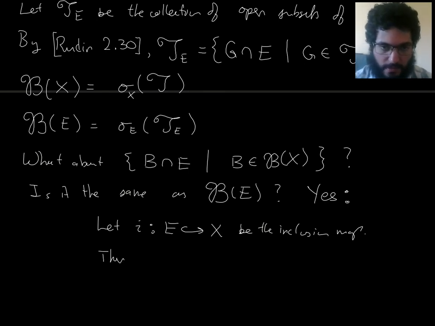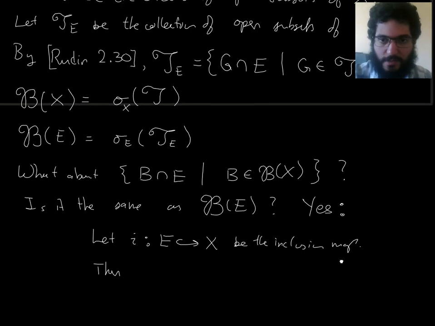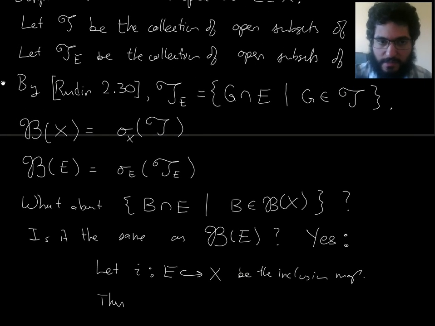So then taking a preimage of a subset of X under the function I, that's the same as intersecting with E. So G intersect E up here, which my face is covering part of. So let me just copy this.